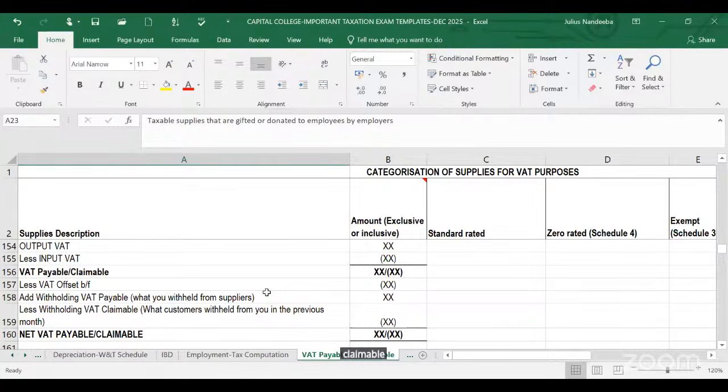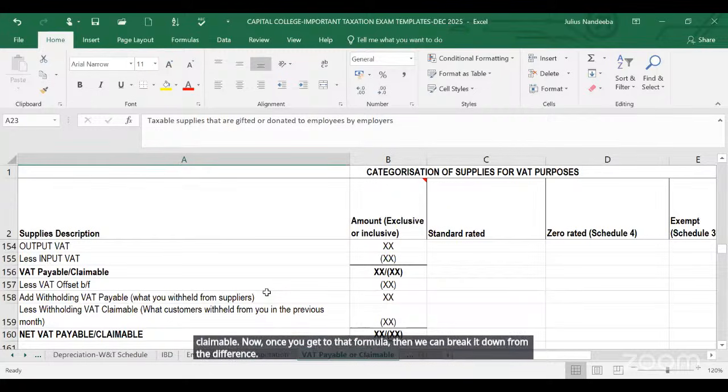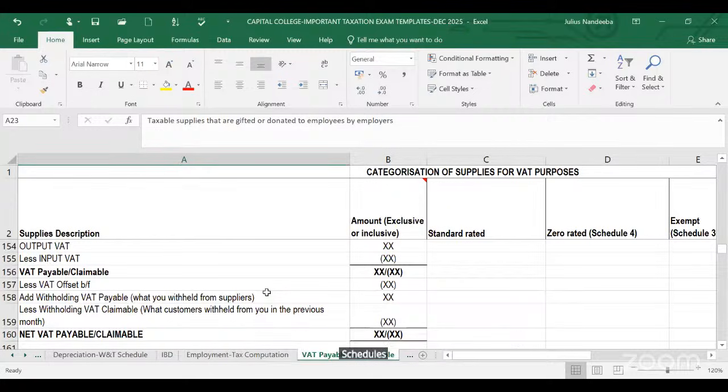Now, once you get to that formula, then we can break it down from the different schedules. I want everyone to understand that formula, so that when you get in, you know that whatever schedules I'm going to run, they must be able to give me the output VAT, they must be able to give me the input VAT, and when I subtract those 2, I get my first VAT payable or claimable, and then I remove these adjustments.